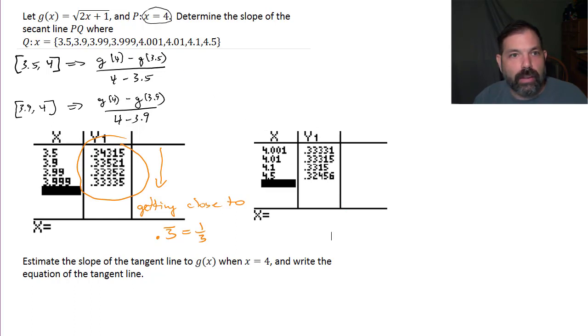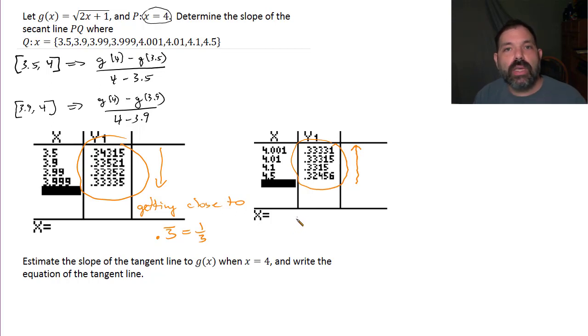So now, again, let's take a look at these values. What's happening to these outputs as my input is getting closer and closer to 4? I've got 0.32456, 0.3315, 0.33315, 0.33331. What's happening with those outputs?